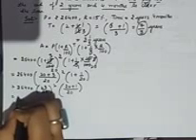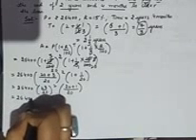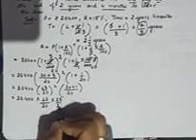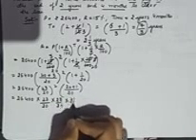So students, after this it is 26,400 times 23 upon 20 whole square, and again 20 plus 1 here. So it will be 26,400 into 23 upon 20 into 23 upon 20 into 21 upon 20.